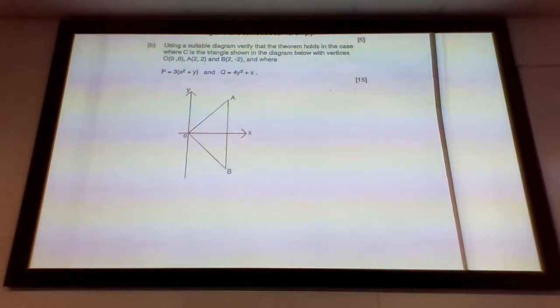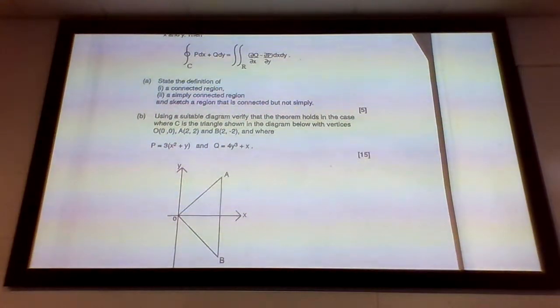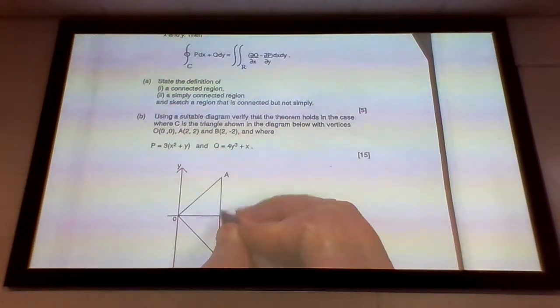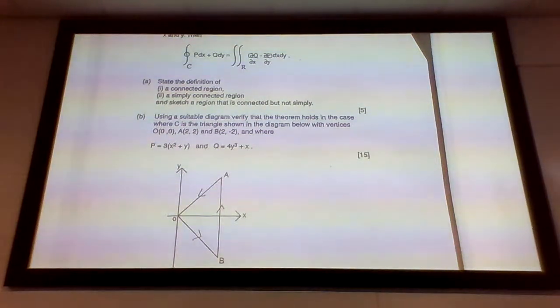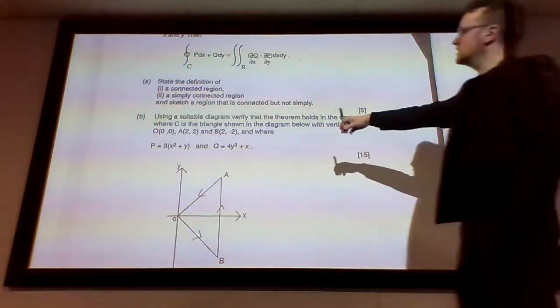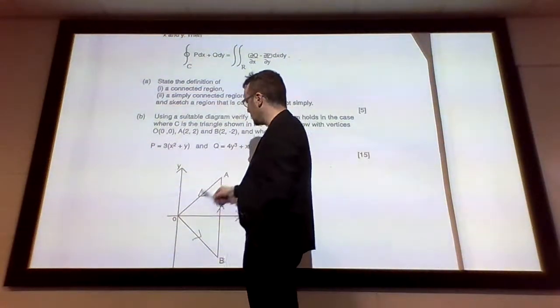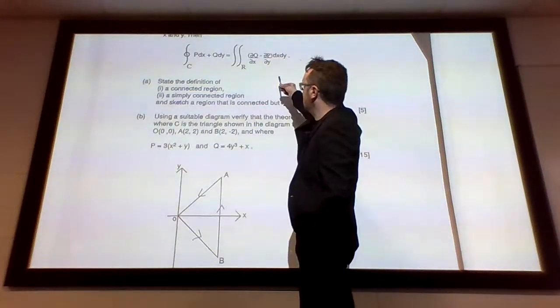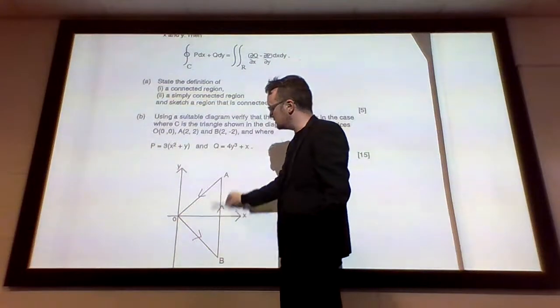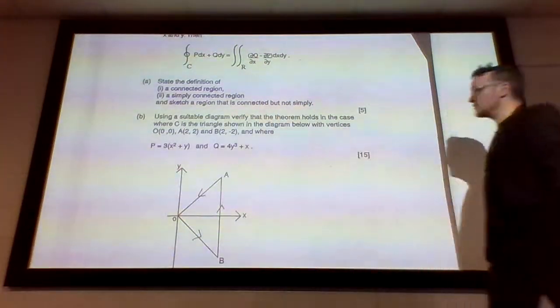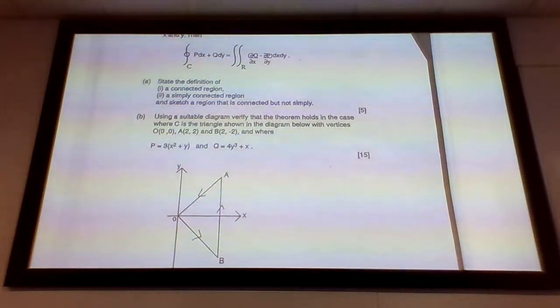So verify that, so we're talking about Green's theorem, which relates the integral around the boundary of a region. So the integral around this triangle, remember the conventional direction is counterclockwise, integrating p dx plus q dy along the boundary, and integrating the difference of their derivatives across the whole triangular region.